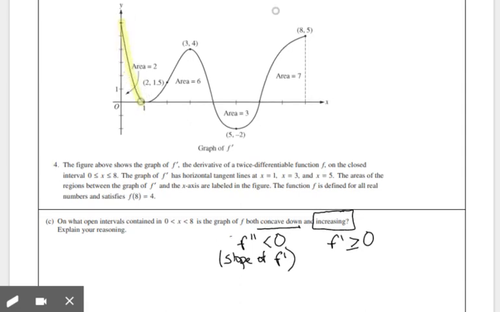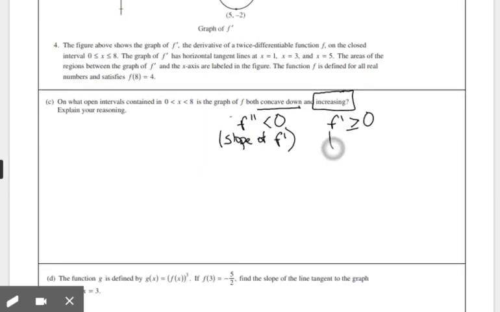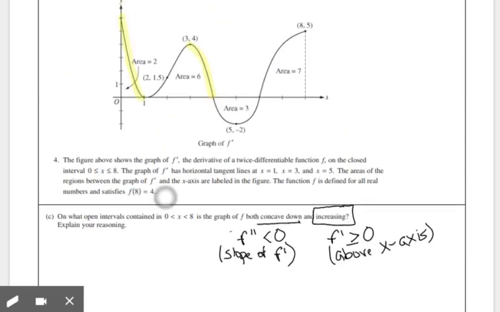So we're going to be looking here, here, and that's it, right? So again, we're looking for above the x-axis because we want f prime to be positive, and we want the slope of f prime to be negative. So it's those two intervals there.